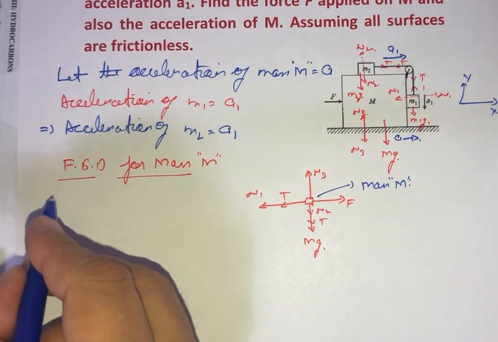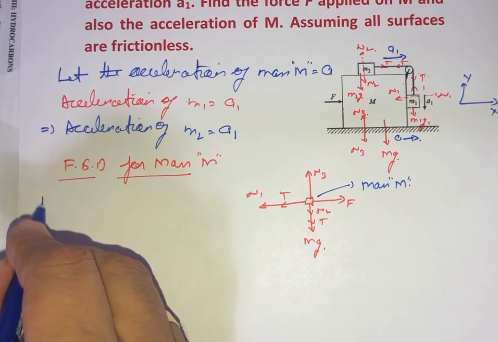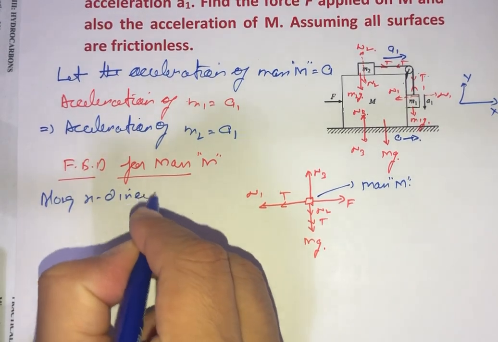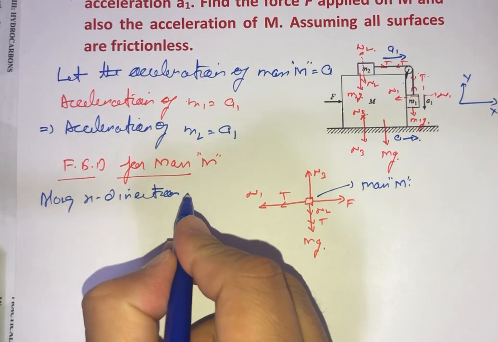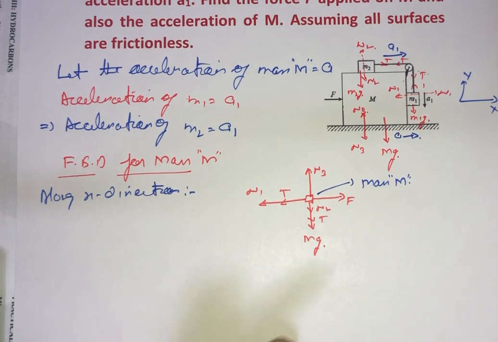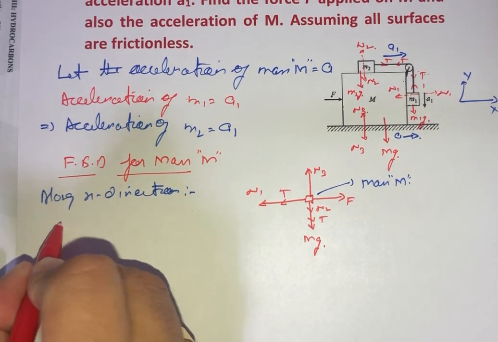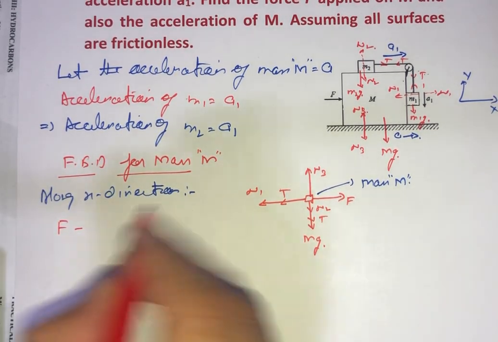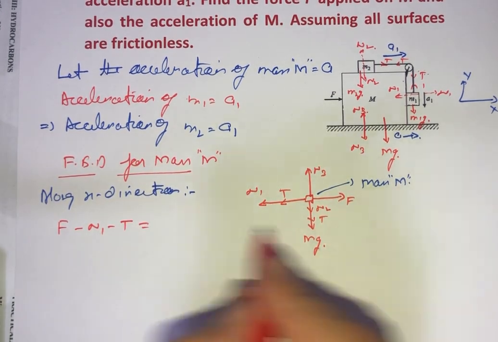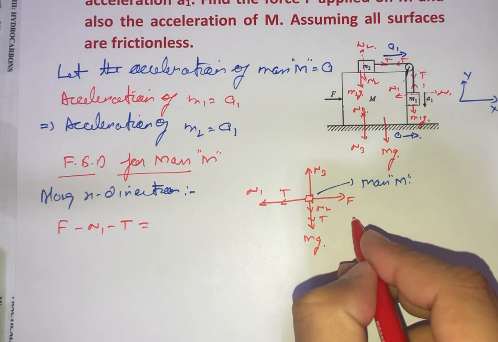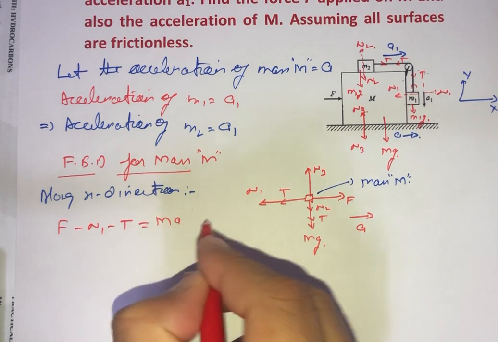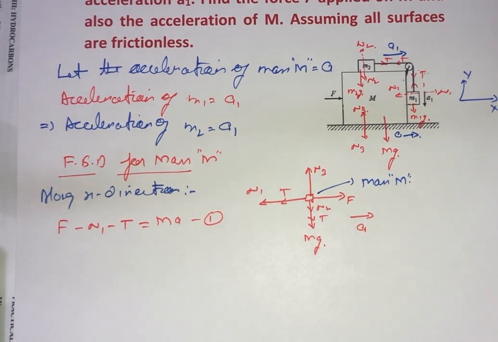Okay. You can see that along the x direction, we get F minus N1 minus T, and it is going to give an acceleration of A, moving in this direction with acceleration A, and this will be MA. Equation 1.